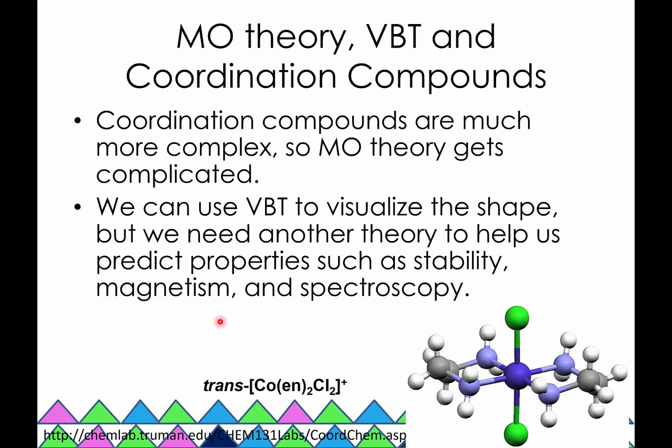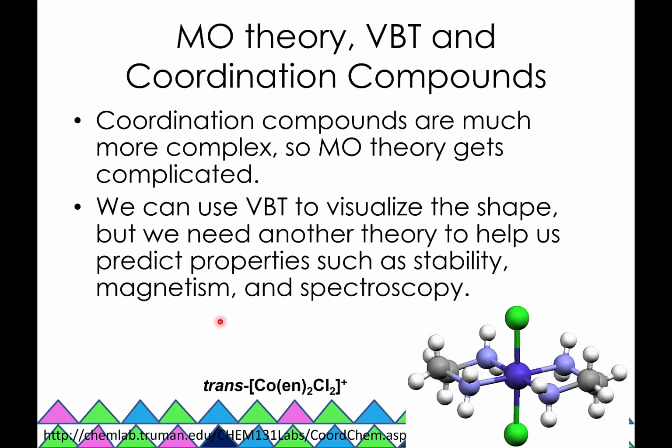But we have an issue with molecular orbital theory when it comes to coordination compounds. If you remember back to Gen Chem 1, we didn't do molecular orbital theory for anything more complicated than diatomic molecules, and that's because molecular orbital theory gets very complicated very quickly. You're using Spartan to do computations, calculating the wave functions of these coordination complexes.